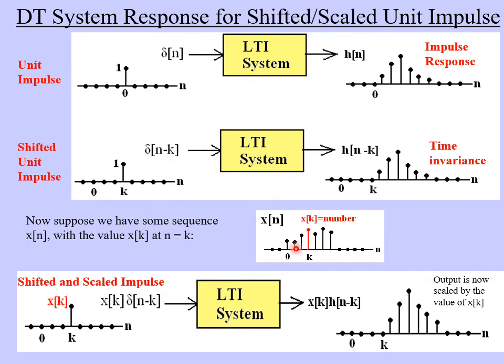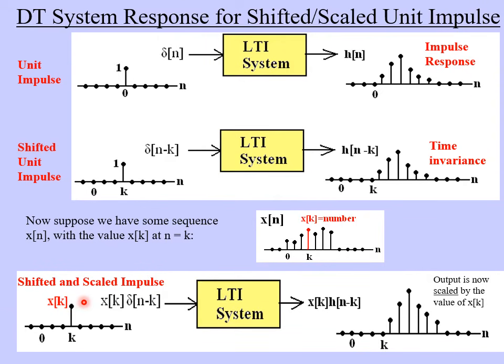Now, suppose we have some sequence x of n, and the kth value of x of n is shown in red here. It's x of k, which is just some number. If we multiply this number by the shifted delta function, then we have x of k times delta of n minus k, and it looks like this. It looks just like the shifted impulse, except instead of having a height of 1, it has a height of x of k because it's been scaled by that value.